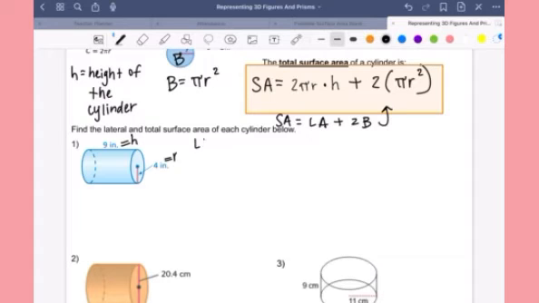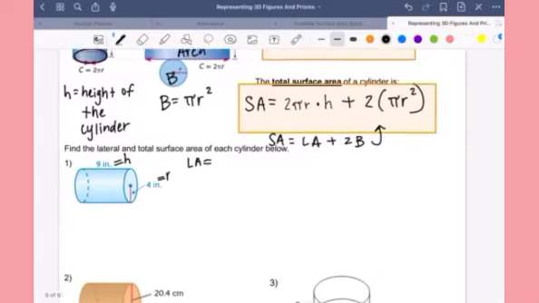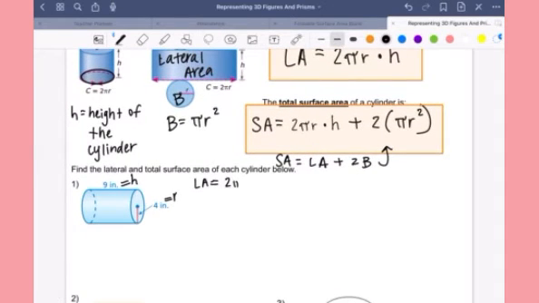So lateral area equals, what is it? 2 pi r times height. And then I'll do total surface area over here, which is 2 pi r times height plus my two bases, the area of the two bases, okay? So let's do lateral first. So lateral area equals 2 pi r, radius is 4, the height of the cylinder is 9.